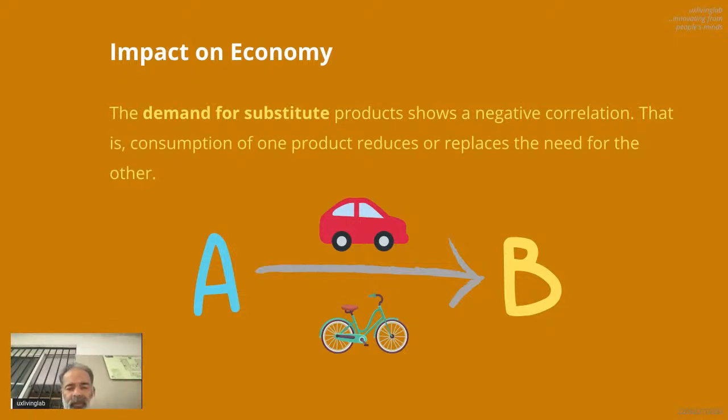As I said earlier, demand for substitute products shows a negative correlation. That is, consumption of one product reduces or replaces the need for the other. For example, you can see in the figure, if you are moving from point A to B, you can use a car or bicycle or another mode of transportation.